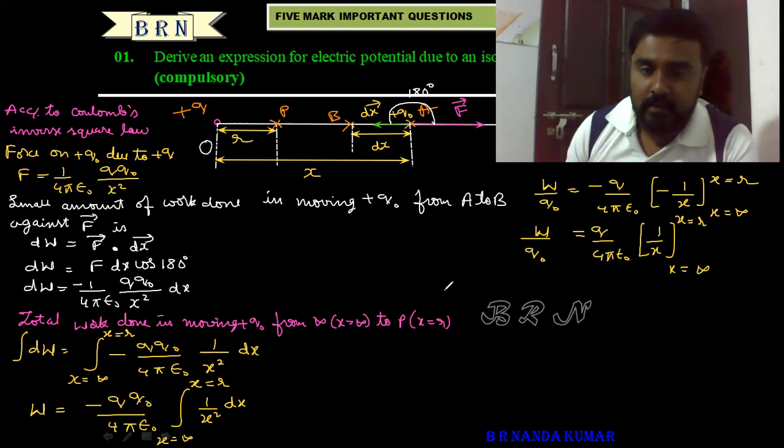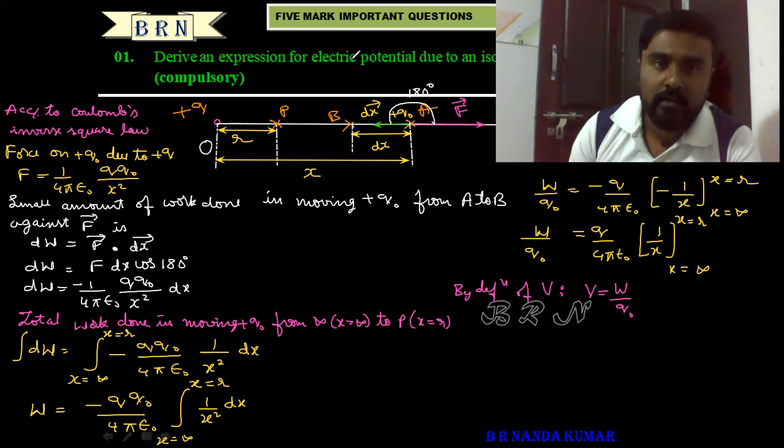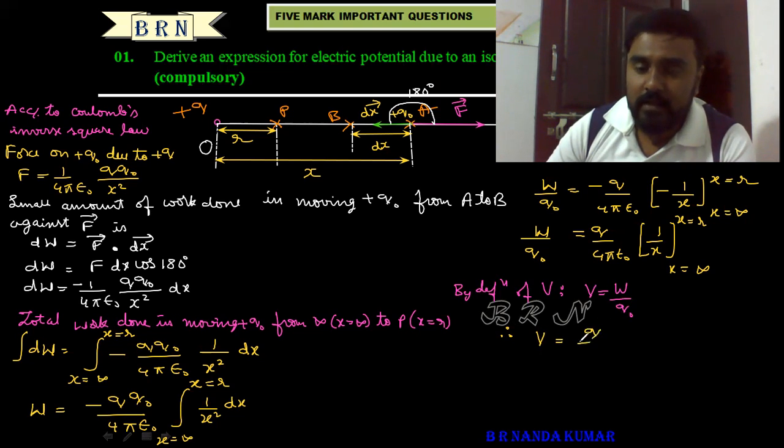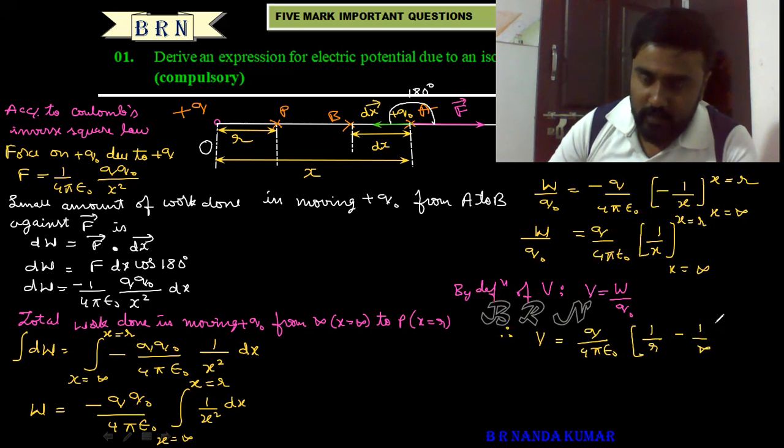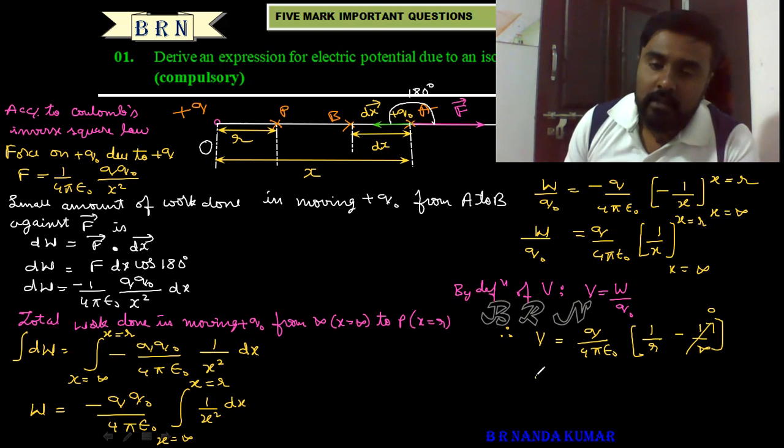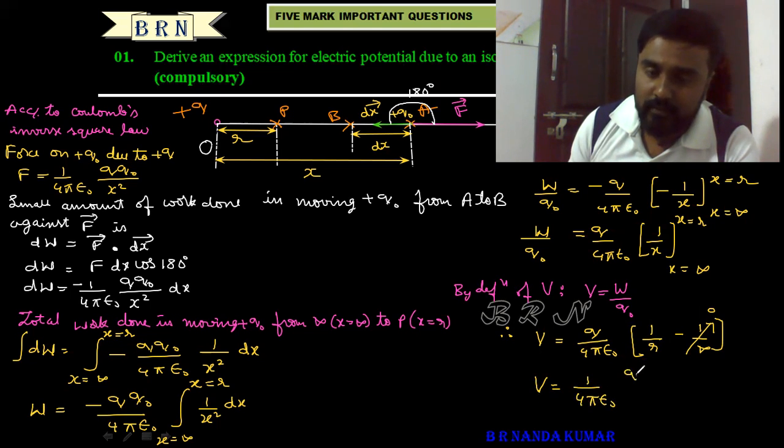By the definition of potential, V is equal to W by Q naught. Therefore, V is equal to Q divided by 4 pi epsilon naught, apply limits: 1 by R minus 1 by infinity. The 1 by infinity term goes to 0. And finally we get V is equal to 1 by 4 pi epsilon naught, Q divided by R.